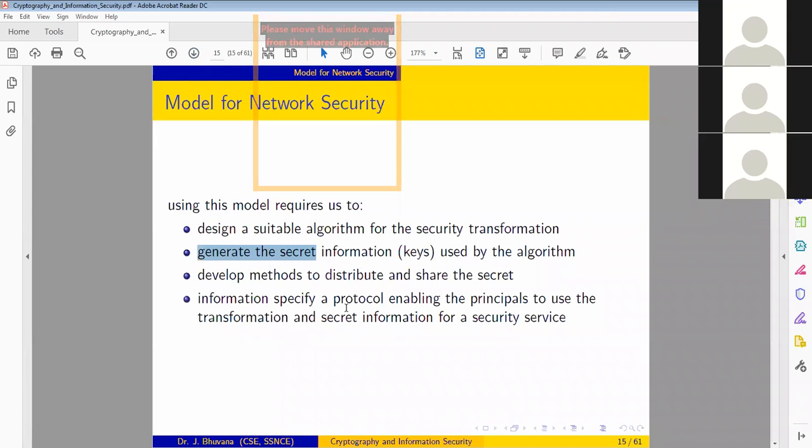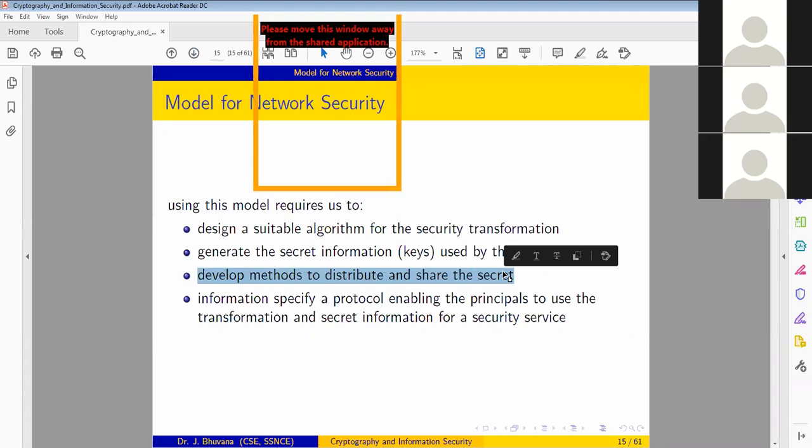So we need to generate that kind of secret information, which will be referred to as keys. And we also look for mechanisms to securely share or exchange the key between the sender and the receiver.